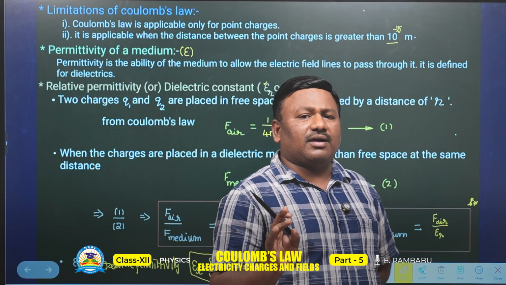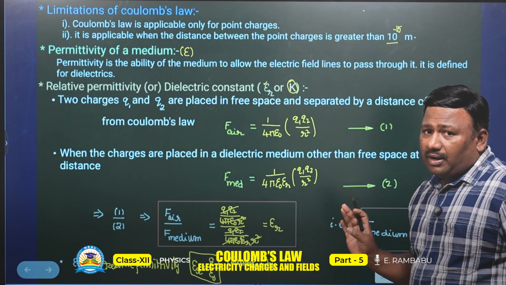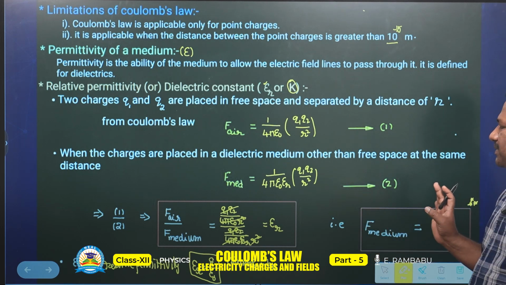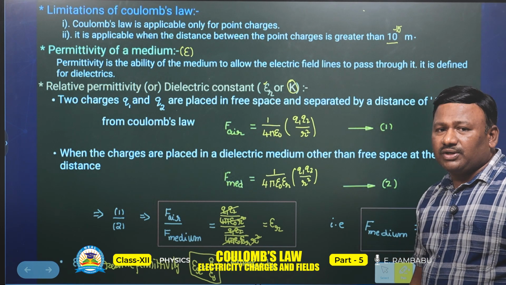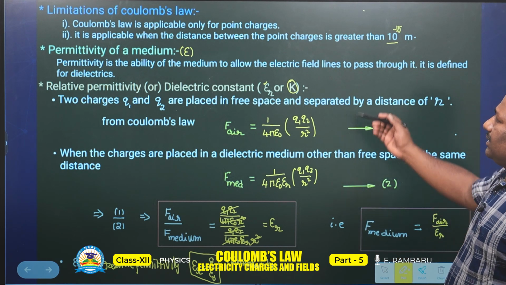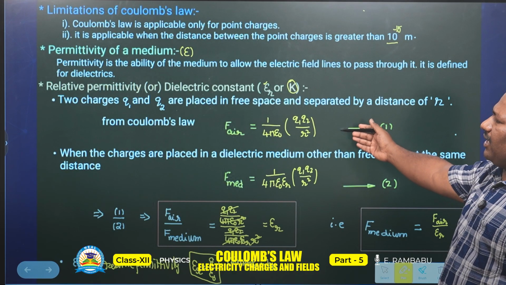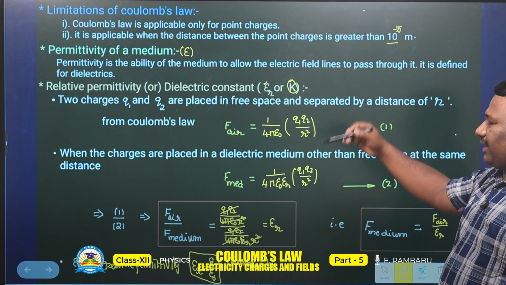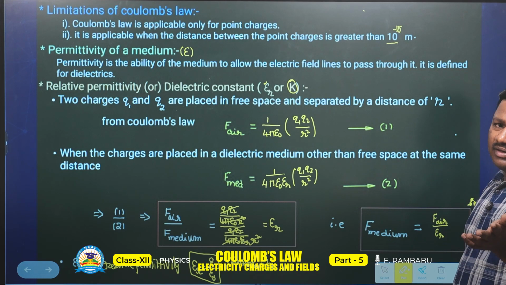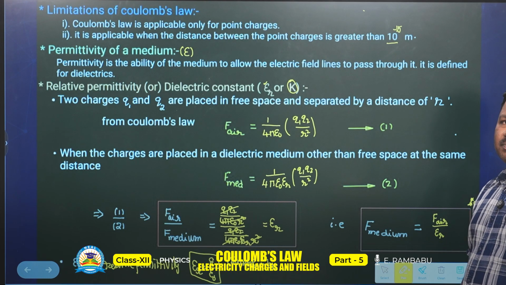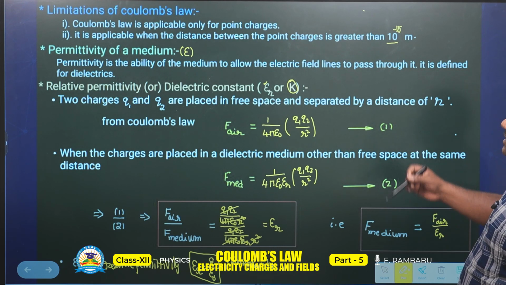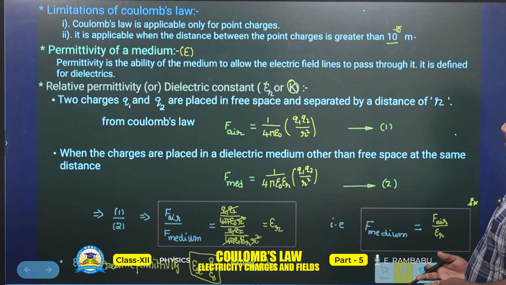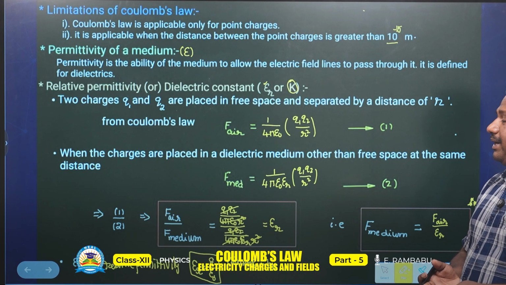Epsilon naught and epsilon have the same units, whereas epsilon r does not have any units. Here, the permittivity of the medium is the relative permittivity or dielectric constant, and we already studied the permittivity of free space. Okay? So this is about the limitations of Coulomb's law and the permittivity of the medium.